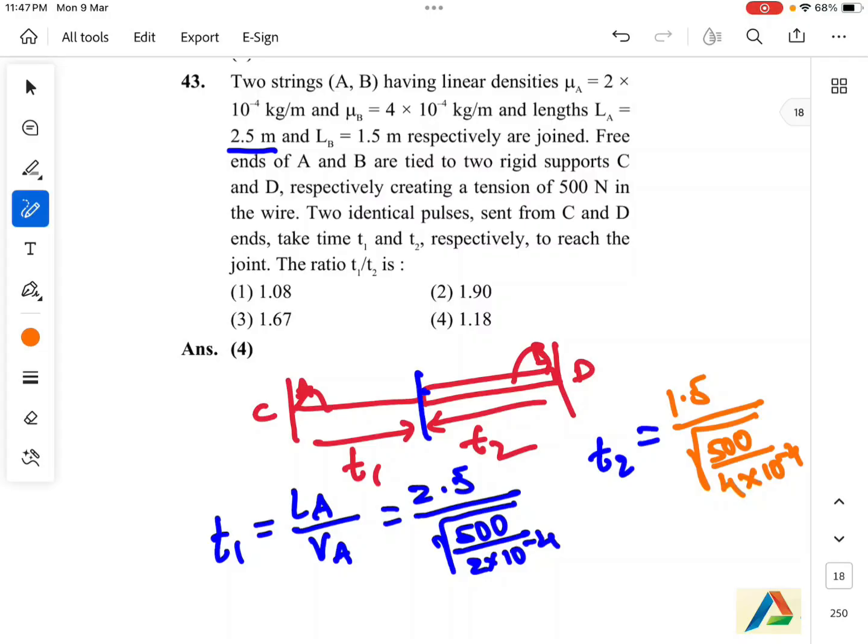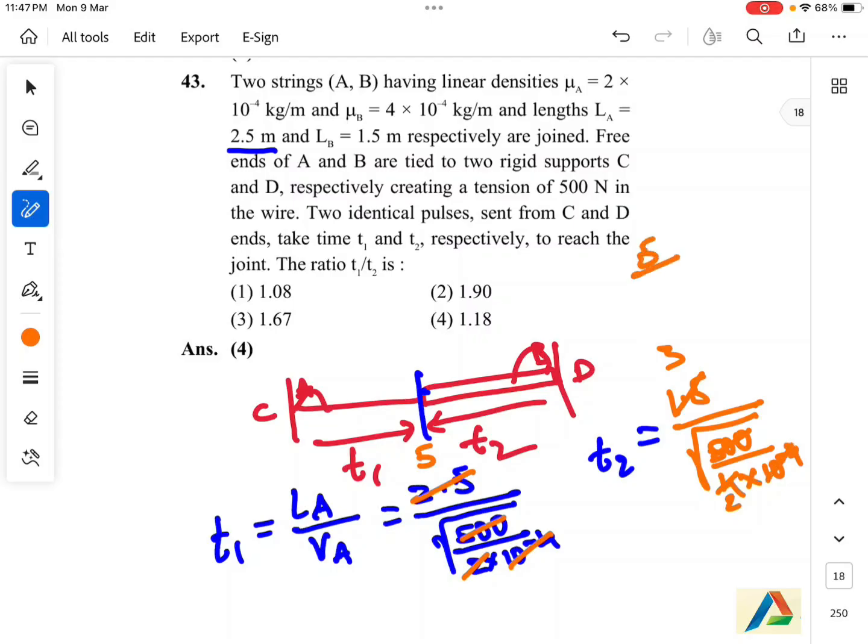Now we need the ratio of these two. When you need the ratio, you can directly cancel off, and don't write it all again, as that will take time. The 500 is gone anyway, this 2 is gone, and this 10 power minus 4 is gone anyway.